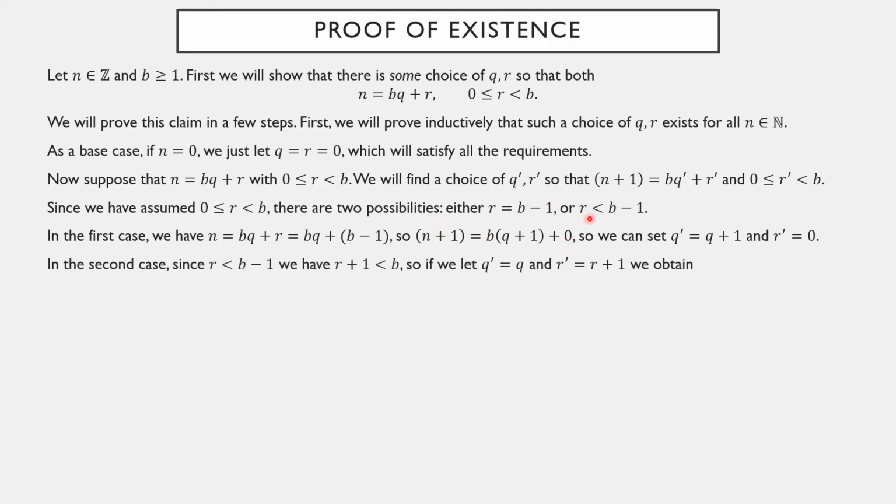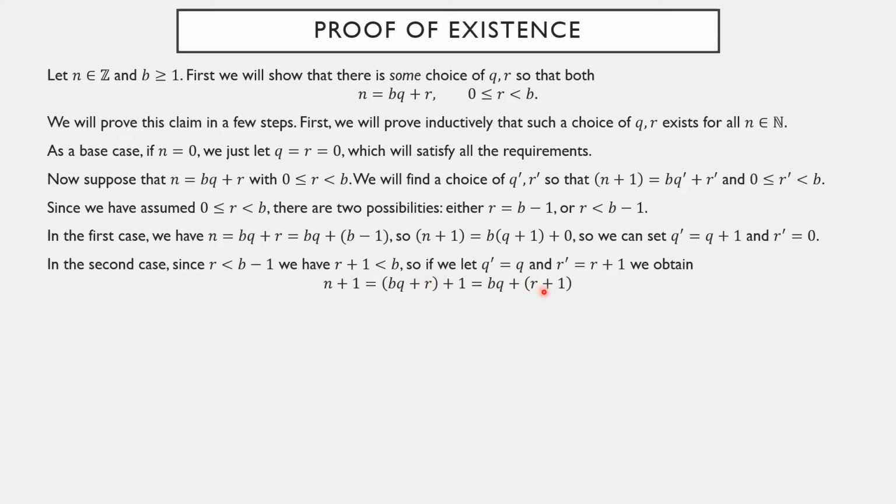In the second case, where r is actually less than b minus 1, then I can simply add 1 to both sides here and get r plus 1 is less than b. So now just let q prime be the same as q and let r prime be 1 larger. Then n plus 1, well, n was bq plus r. So I can just move my parentheses around and get this right here.